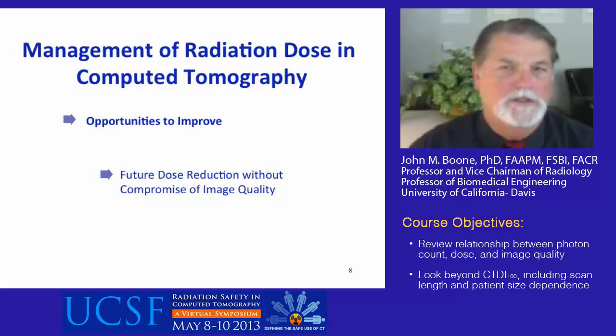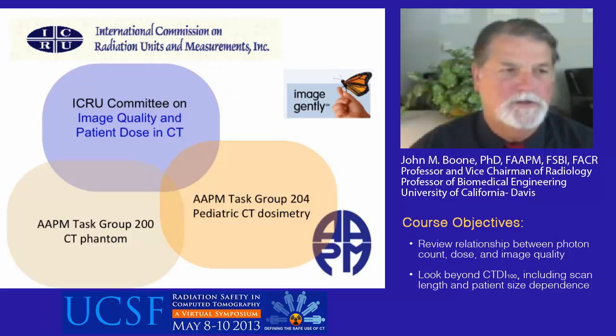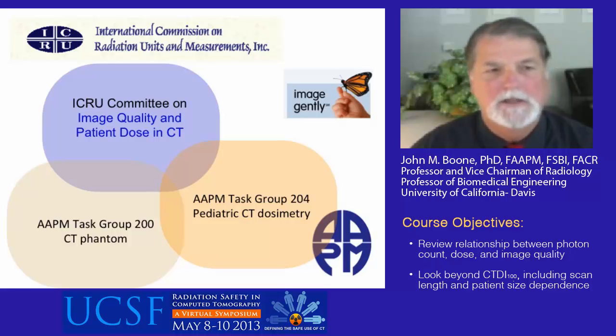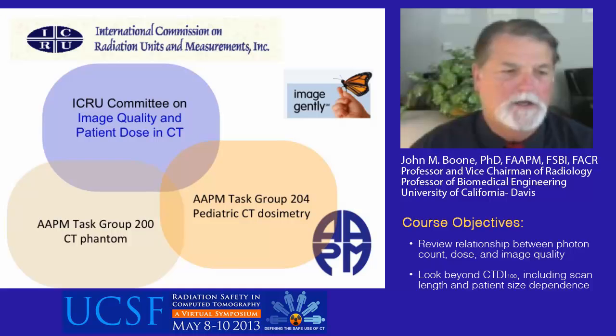And really this is an effort that combines group efforts from the International Commission on Radiation Units and Measurements, specifically the ICRU Committee on Image Quality and Patient Dose in CT, by the Image Gently campaign, which featured initially on CT utilization in the pediatric population, and by 2 task groups of the American Association of Physicists in Medicine, Task Group 200, which focuses on a CT phantom, and that was joint with the ICRU Committee, and Task Group 204, which focused on methods for pediatric CT dosimetry and making that more accurate.